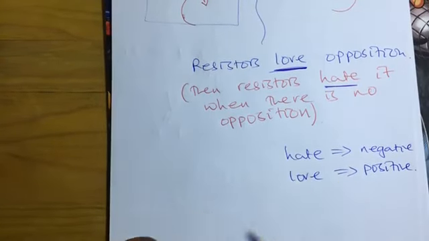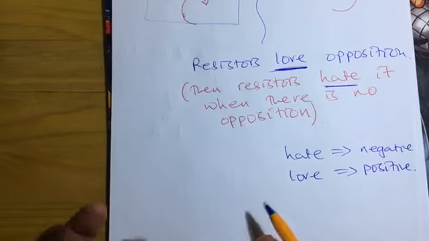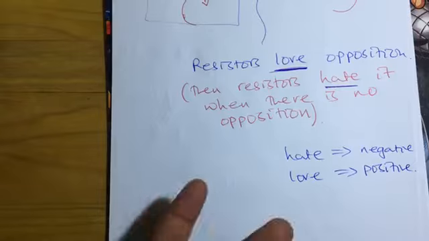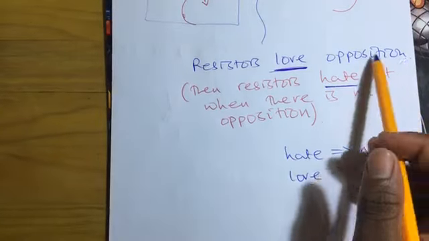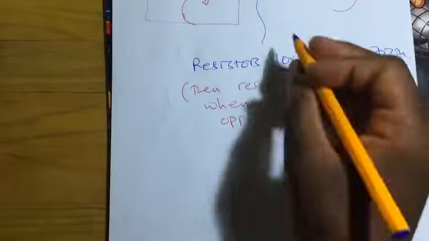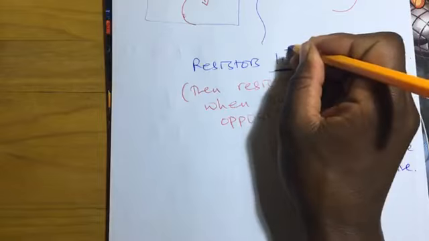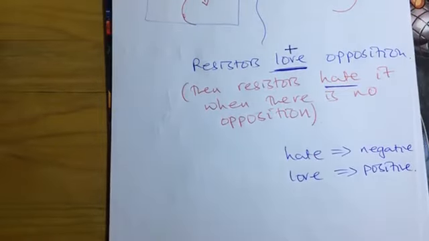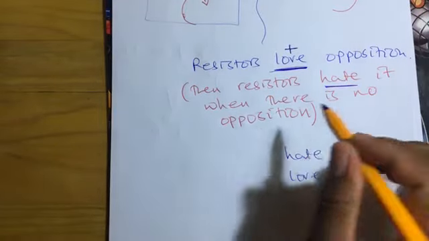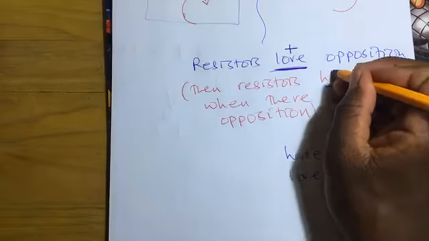And remember, we said sad goes with a negative sign. If you love something, then you're happy, and happy goes with a positive sign. Resistors love opposition. So wherever you see opposition, just know that the sign there for the voltage should be positive. Wherever you don't see opposition, just know that the sign there should be negative.